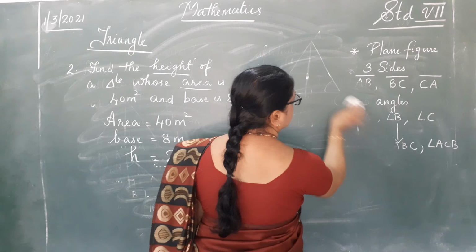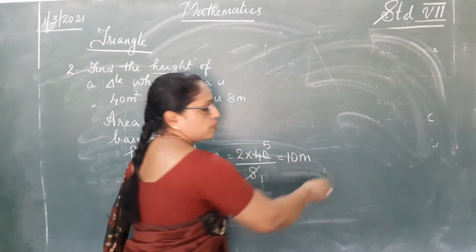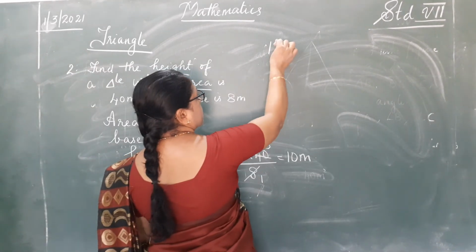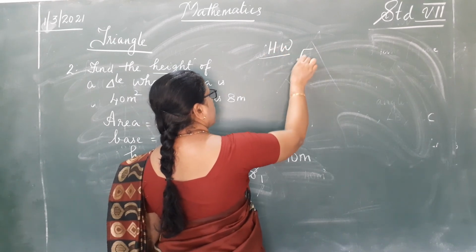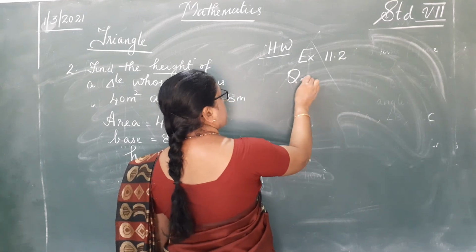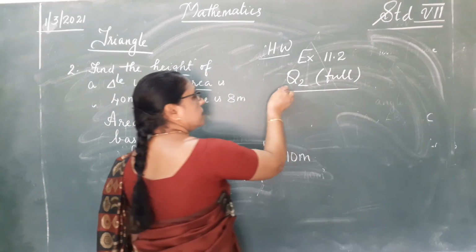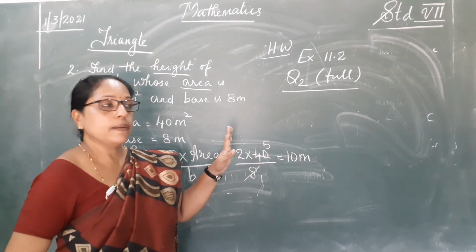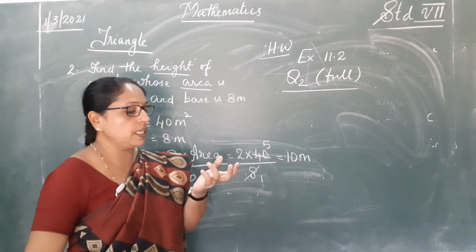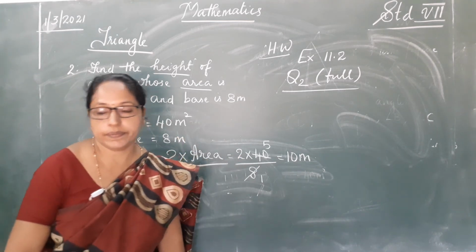Homework is exercise 11.2, question 2. Only this you have to do. So we are finishing this chapter with the 3 plane figures: square, rectangle and triangle.